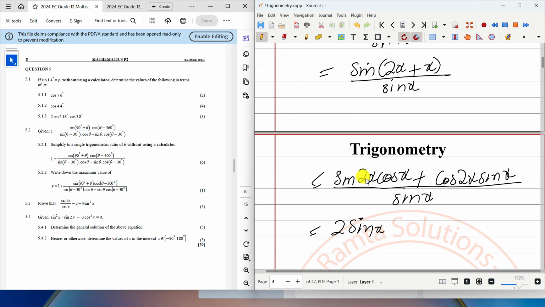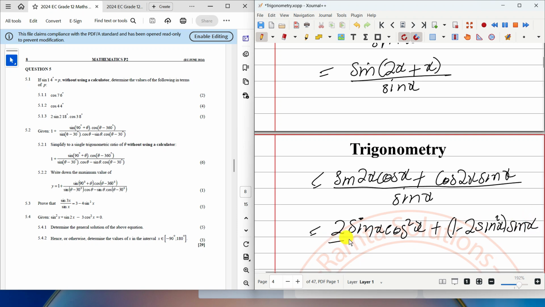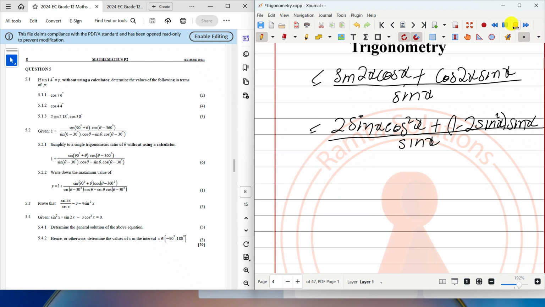And cos 2x, we can use cos square x minus sine square x, or 2 cos square x minus 1, or 1 minus 2 sine square x. I think let's choose the latter. 1 minus 2 sine square x multiplied by sine x, all over sine x.